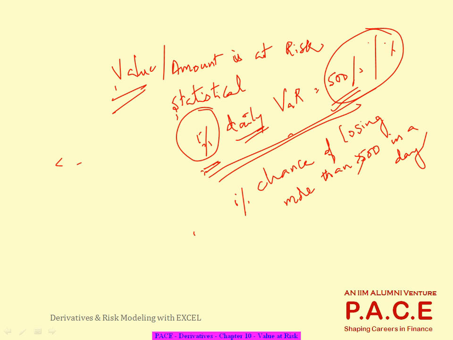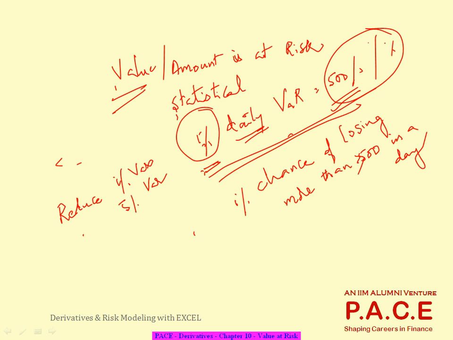If this 1% VAR is very, very high, it could be a very serious problem. So the company's focus always is to reduce this 1% VAR or 5% VAR. In some cases they compute 5% VAR, and in some cases the 1% VAR.